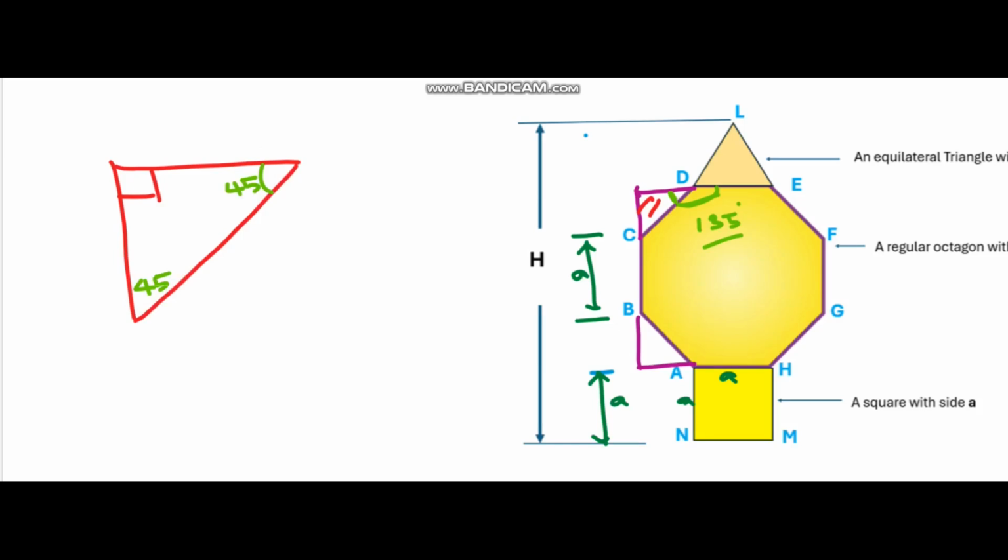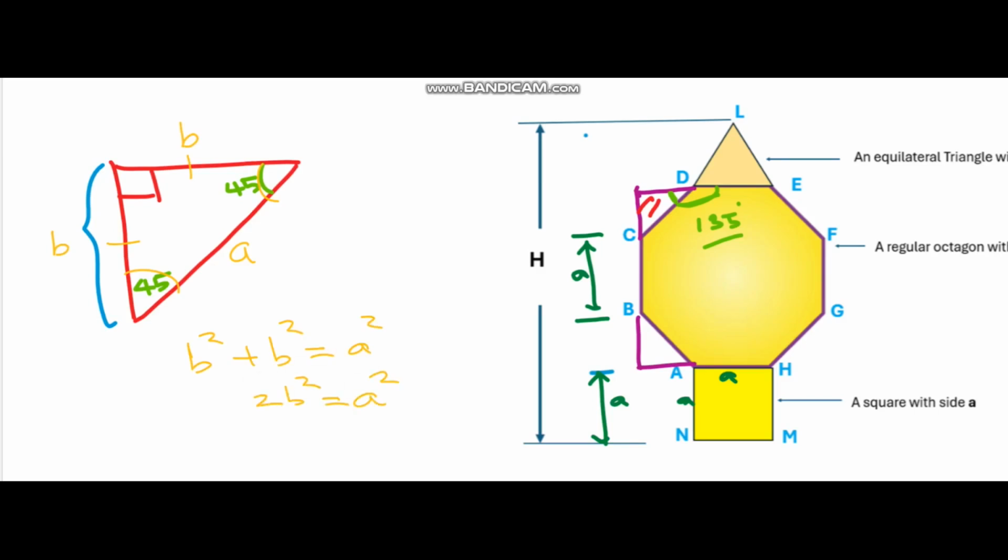Question is, what's this height? That's what we are after. Now this is A, because that's one of the sides of the octagon. Because this is 45 and this is 45, it's an isosceles triangle, so I'm going to call this B, and therefore this is also B. Using Pythagoras theorem, b squared plus b squared is a squared. 2b squared is a squared.